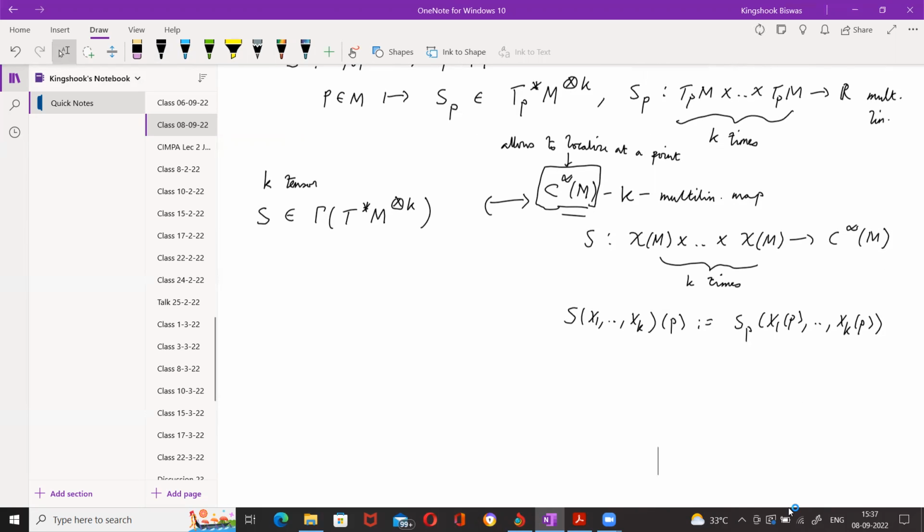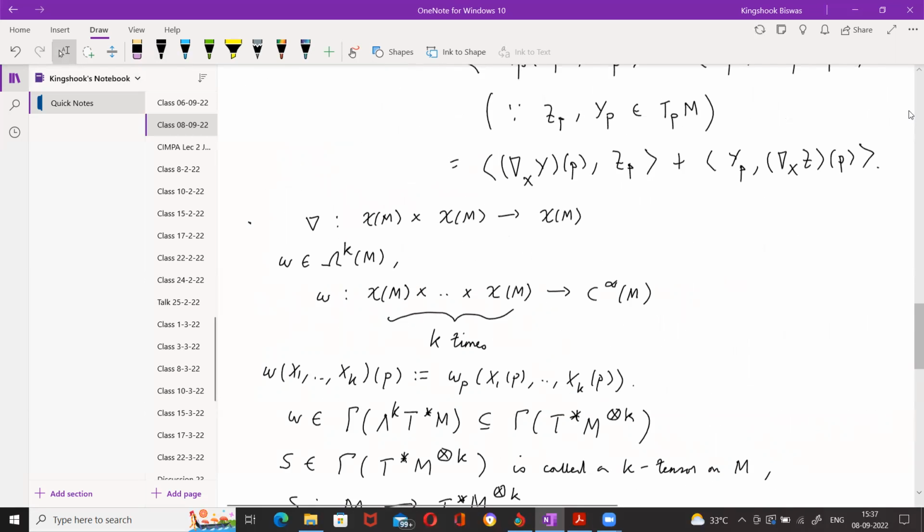Okay. So the point is, for a connection, you have something similar, except it doesn't take values in C infinity M, it takes values in chi-M again. But the point is that this is C infinity M linear in the first variable.